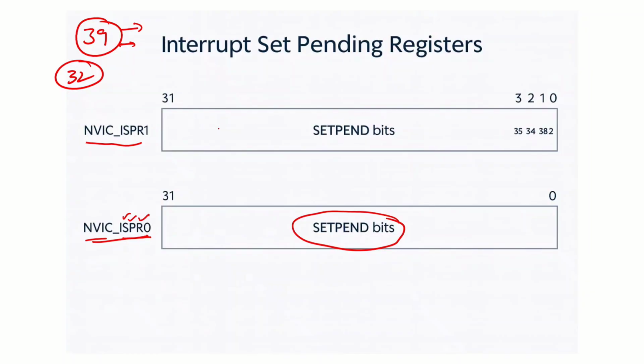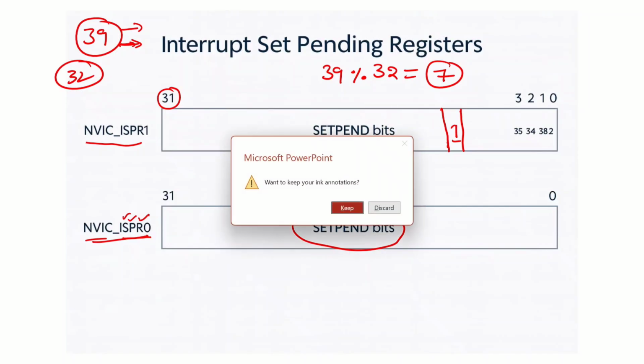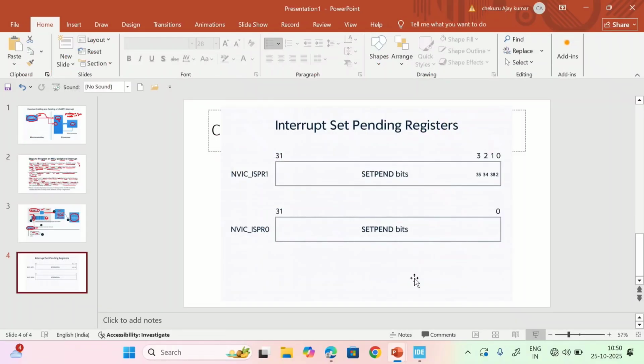To get the exact bit position of that IRQ number, there are a total of 32 bits, so simply do a mod operation, that is 39 mod 32. That gives you 7, which means you have to set the 7th bit position to pend that particular UART3 interrupt. Now, let me go back to the IDE.